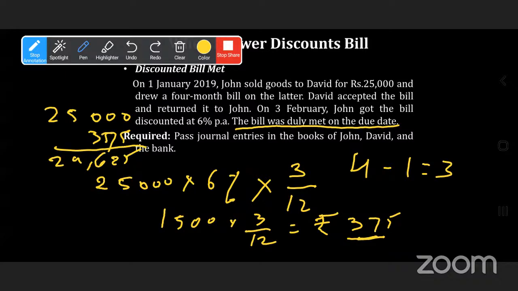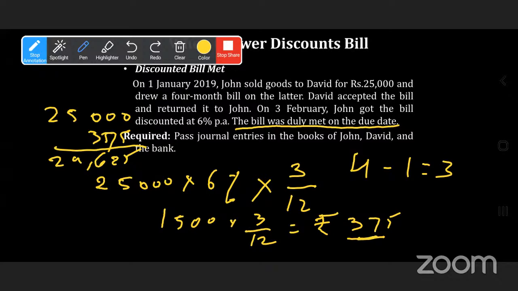Ma'am, how did the 1,500 come? 25,000 into 6% means 1,500. On that 1,500, it is only for 3 months.